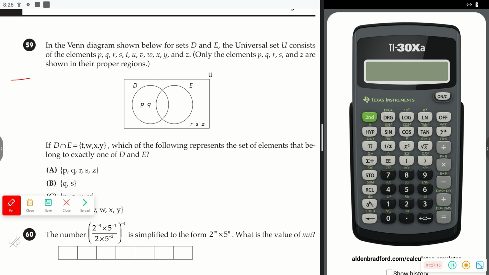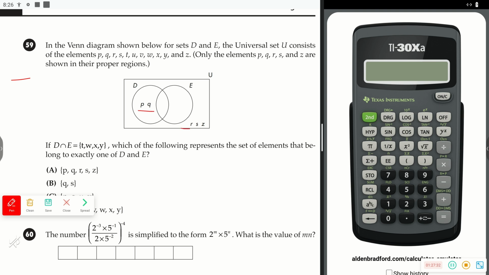So number 59, in the Venn diagram shown below, for sets D and E, the universal set U consists of all of these elements. Only elements P, Q, R, S, and Z are shown in their proper regions.